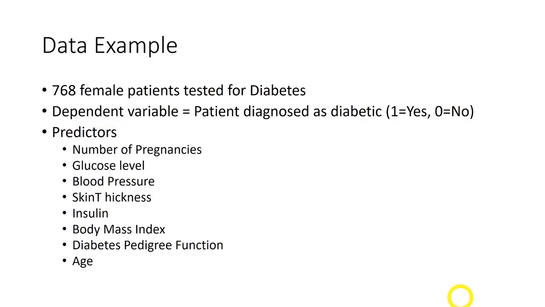The dependent variable is the result of that test, whether the patient was diagnosed as diabetic, 1 if yes, or 0 if not. The predictors explaining that propensity are the number of pregnancies, glucose level, blood pressure, skin thickness, insulin, body mass index, diabetes pedigree function, and age.